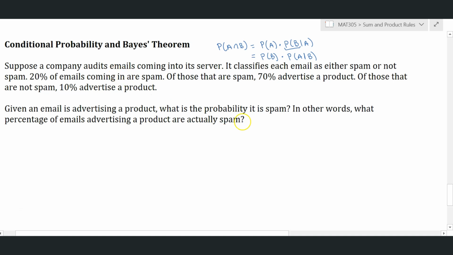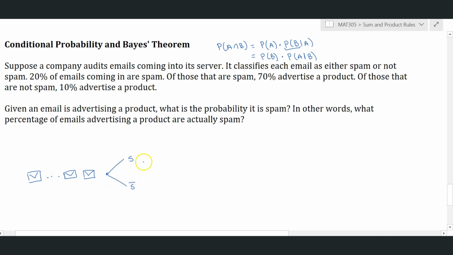Suppose a company audits emails coming into its server. It classifies each email as either spam or not spam. 20% of emails coming in are spam. So let's imagine that we have all of these emails that are coming in, and we are going to put them in one of two piles: the spam pile or not spam.